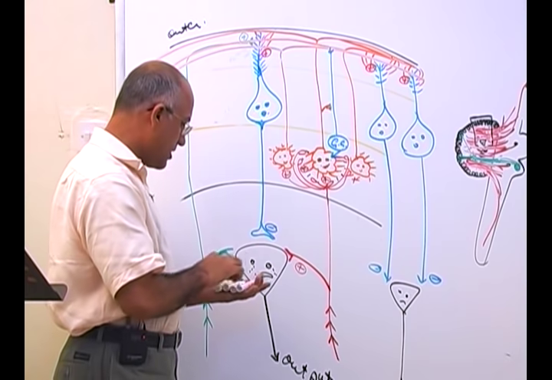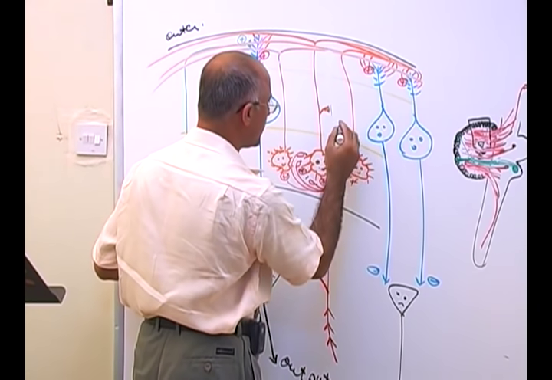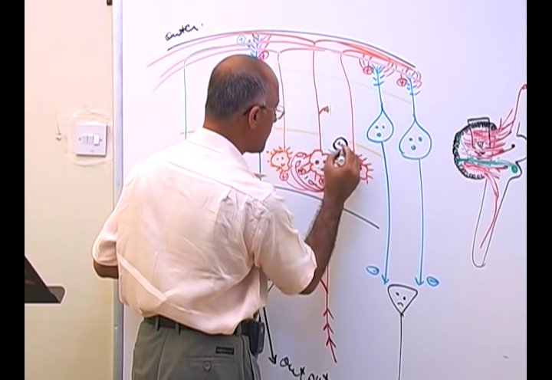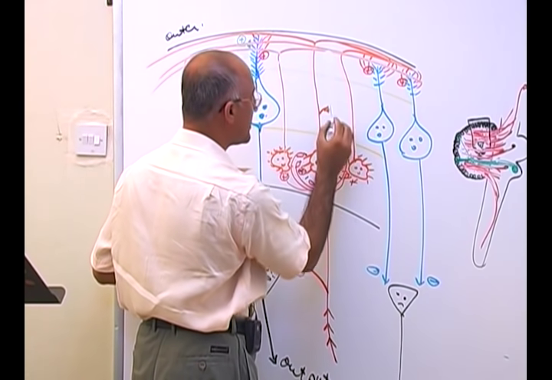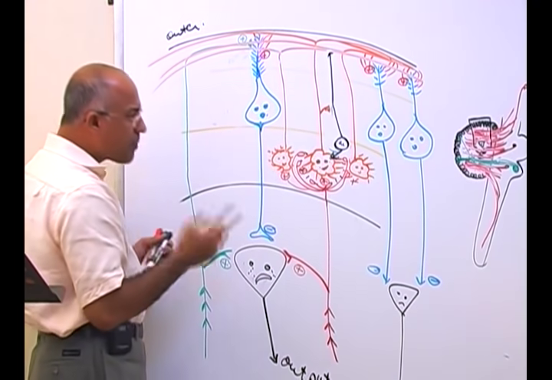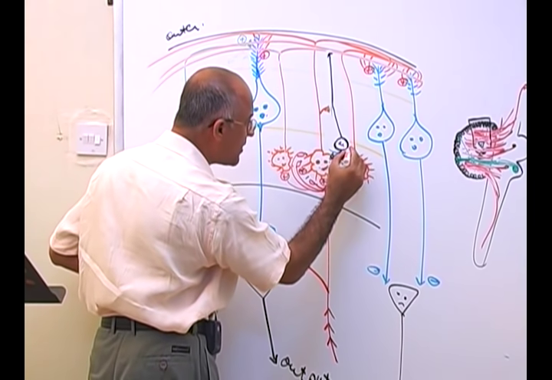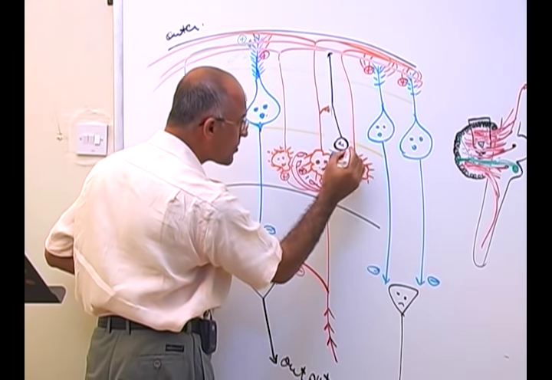Then, okay, I should make them black so that you know they are doing a negative function. They inhibit the granular cell, and they are stimulated by it. Plus another thing, this cell can be stimulated by, what is this? What is this?